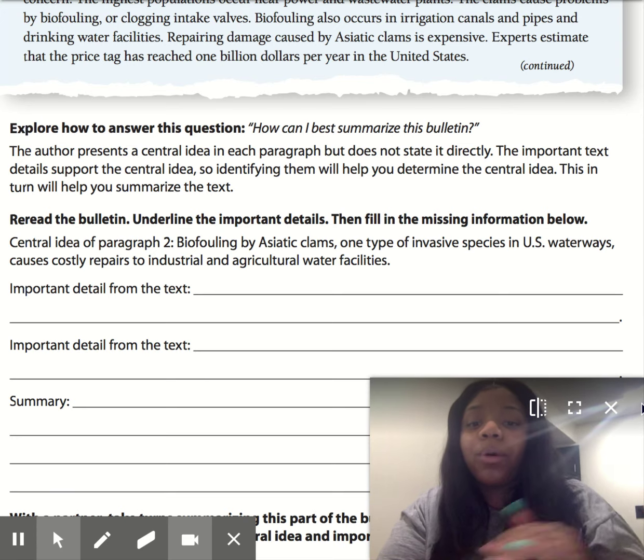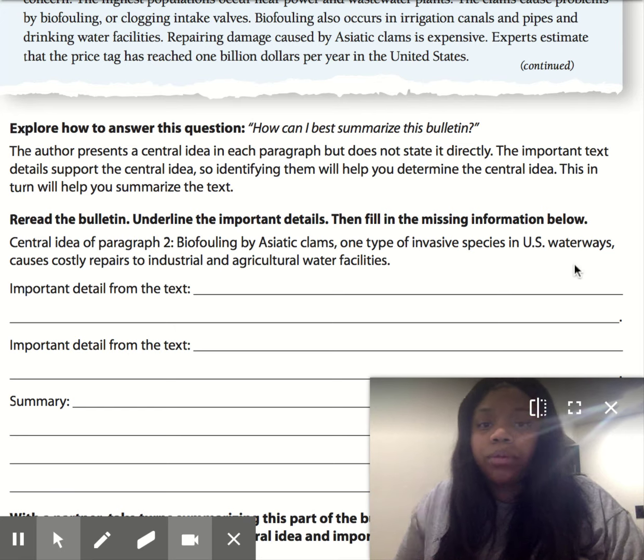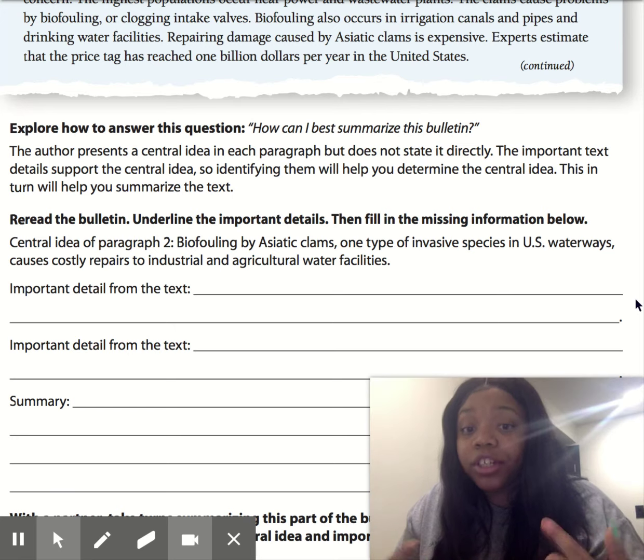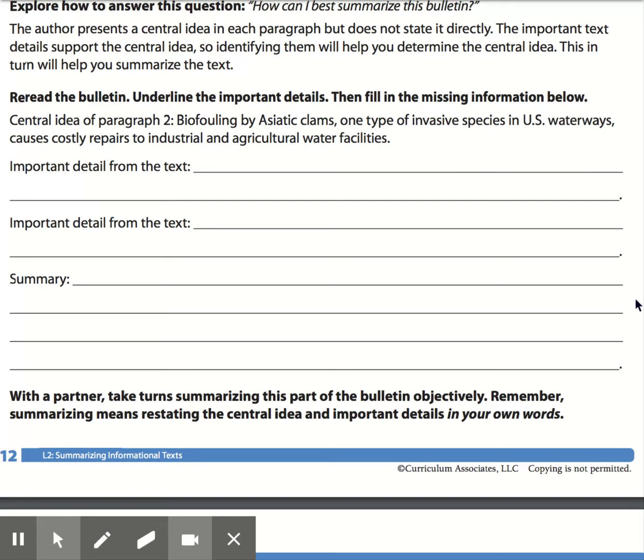So I'm going to walk you through the way I would think out loud, okay? Again, you're not going to be able to see me, you're just going to hear me, so listen. All right. So to summarize this bulletin, I'll think about the central idea of each paragraph.